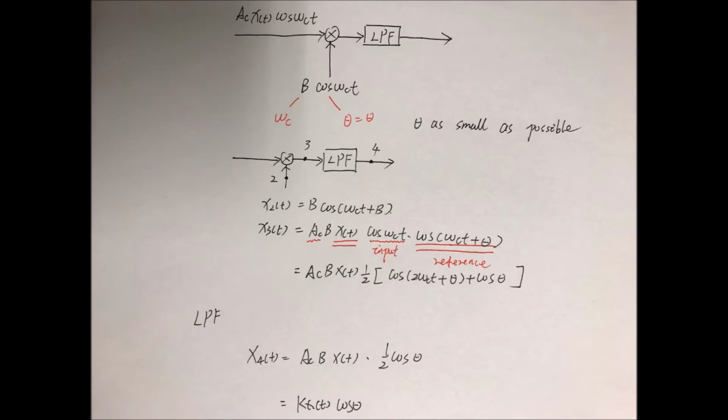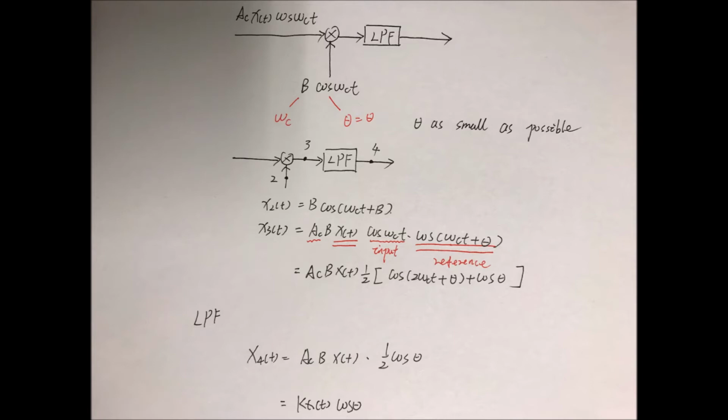If theta is close to 0, cosine 0 is close to 1, so pretty good. If theta is close to pi over 2, cosine is 0, so my output will be very, very small. If the phase difference is bigger, my output will be smaller.